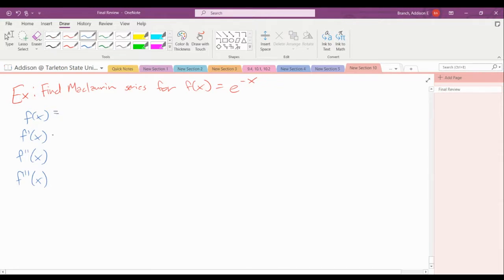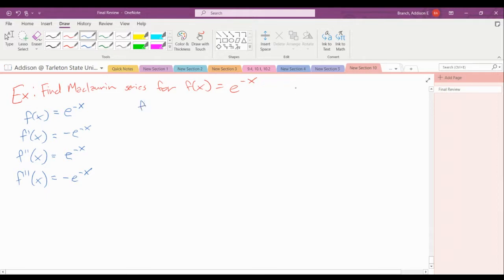Essentially, the main thing is we're trying to find a formula for our nth derivatives. So we have f of x is e to the negative x. Taking that derivative, negative e to the negative x, take that derivative, back to e to the negative x, third derivative, negative e to the negative x. Now we want to look at that specific point.